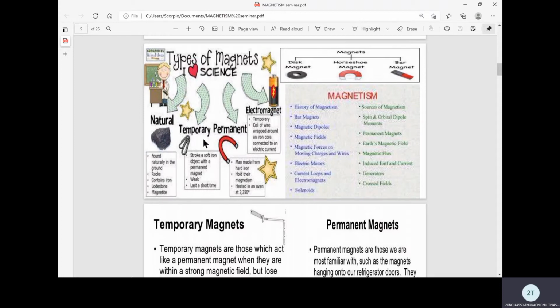Whereas temporary magnets are made into magnets temporarily by striking with permanent magnets. That is, by striking a soft iron object with a permanent magnet, it becomes a weak magnet, even though it's temporary.